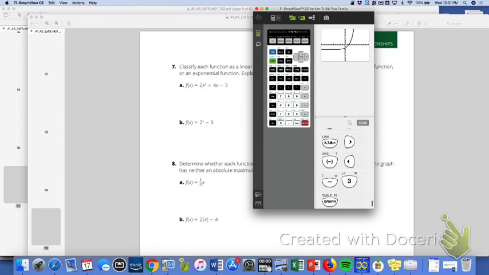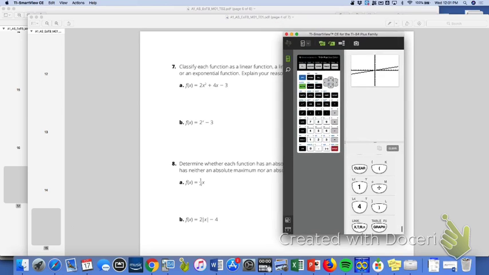Okay, type number 8 in there. 8A. This was the part that we bombed, so we're going to fix it before we get out of here today. Number 8 says type in f of x, 1 divided by 4, close it, and then the alphabet soup x. Graph.